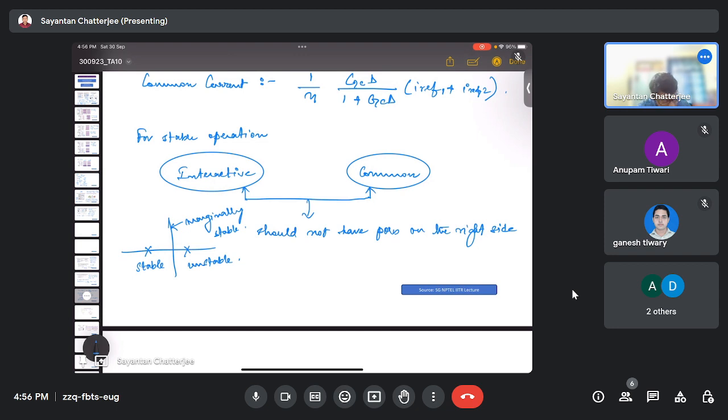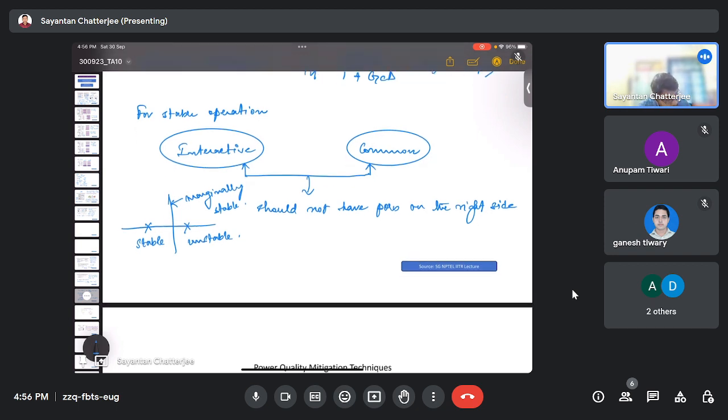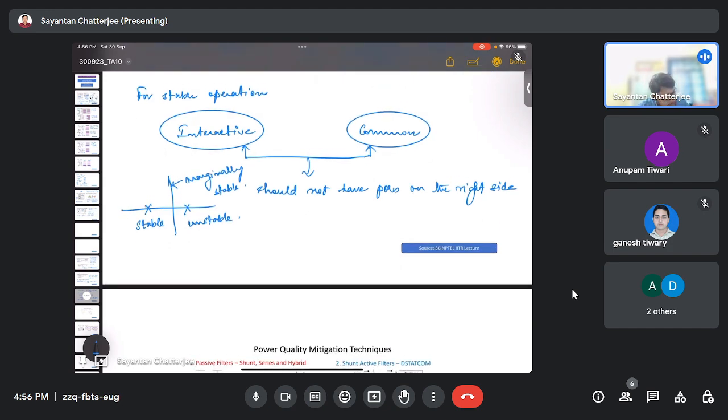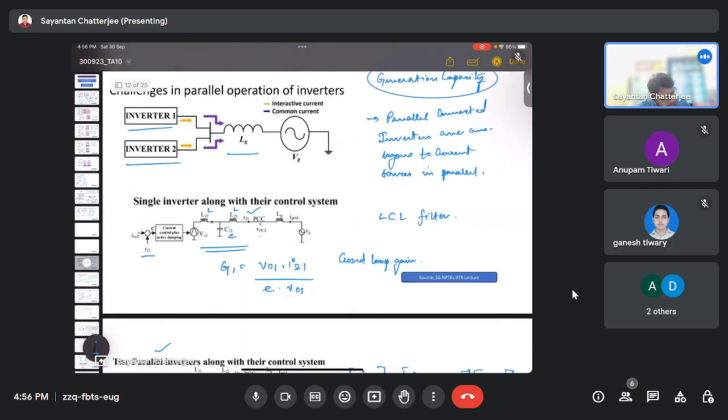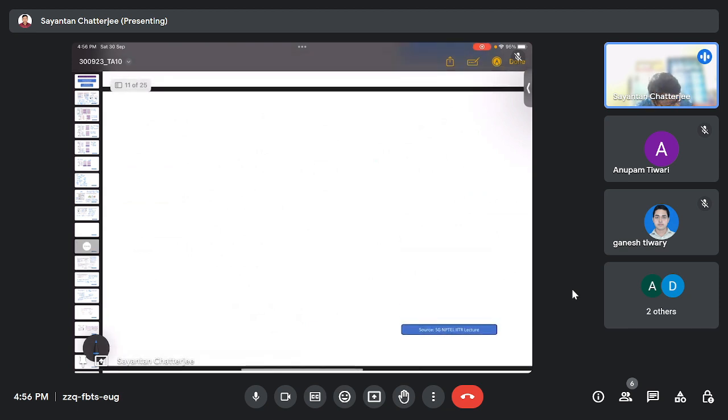So both these interactive current as well as the common current, stability should be ensured for the parallel operation of the inverters.